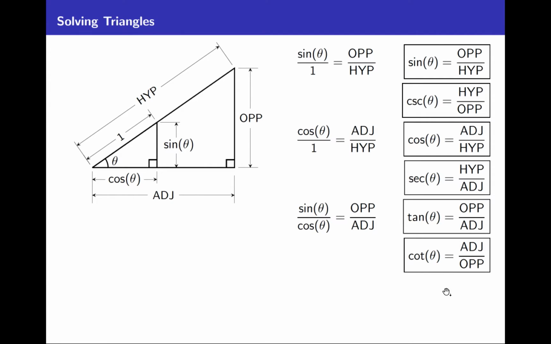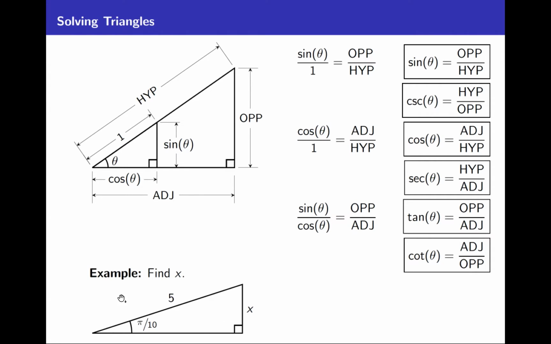So in these boxed equations, we have 6 interpretations of the 6 trig functions as ratios of side lengths of triangles. And you should remember these, or more importantly, not remember them, but be able to figure them out on the spot when you need them.